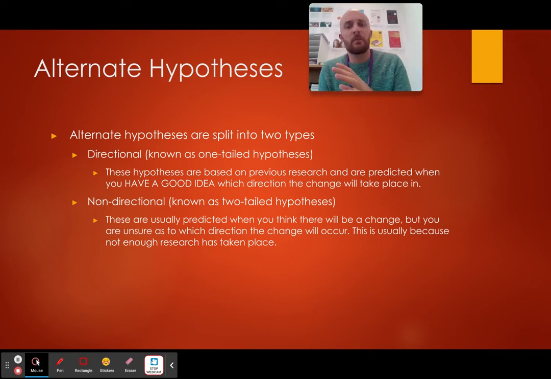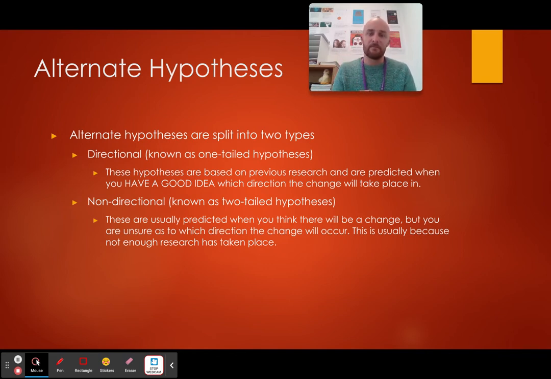Now, I'm going to give you some examples later on, but the key thing to take away here is that directional hypotheses have words like increase or decrease, move up, reduce, improve. They have words that actually state a direction. Increase, for example, suggests something's going up. And again, write all this down, please.